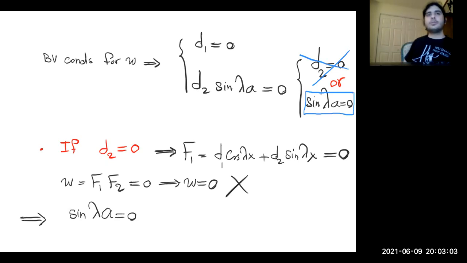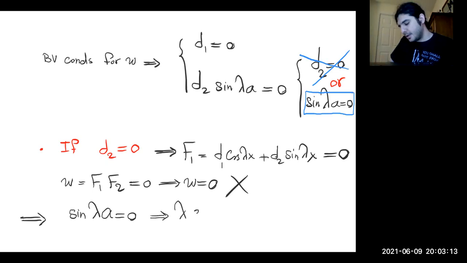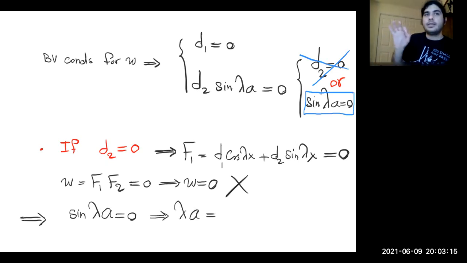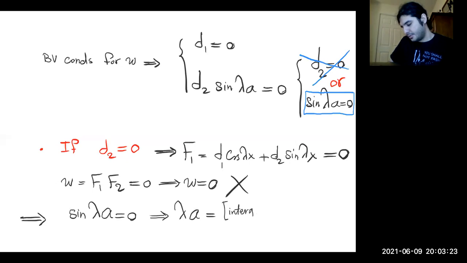Okay, but we know the angles where the sine is 0, right? If sine of something is 0, that means that angle is equal to an integer times pi.